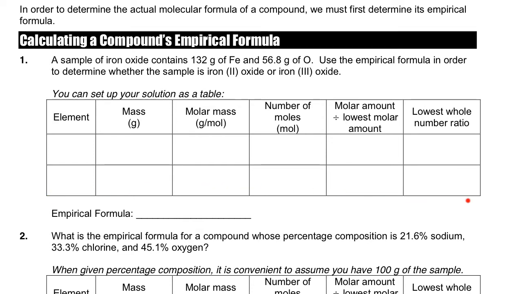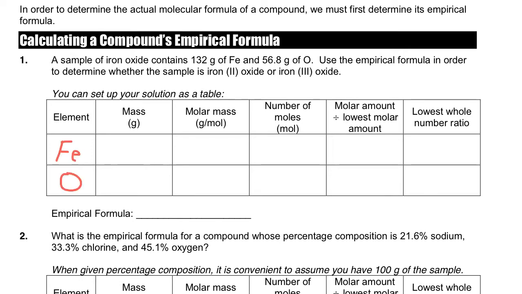Now I've already set it up for you. I find it helpful to set up my table like this. It just helps me stay organized. But the basic idea is we're going to find the number of moles of each element present, and then we're going to find the ratio between the different elements using those mole values.